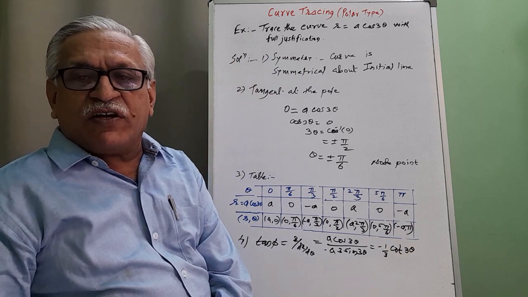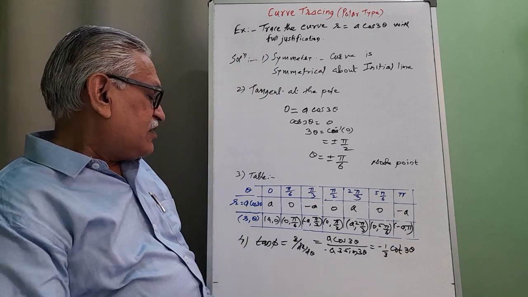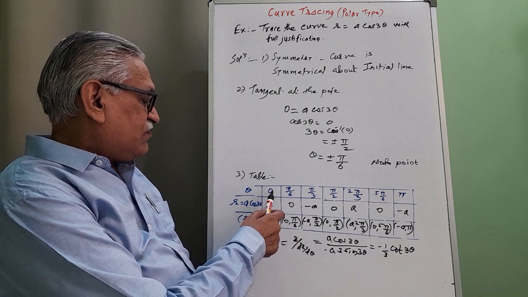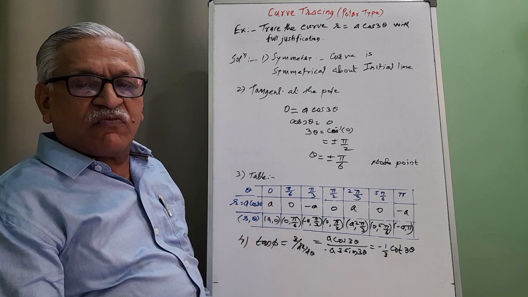Then we require to find this tan φ for the θ having the maximum value of r.